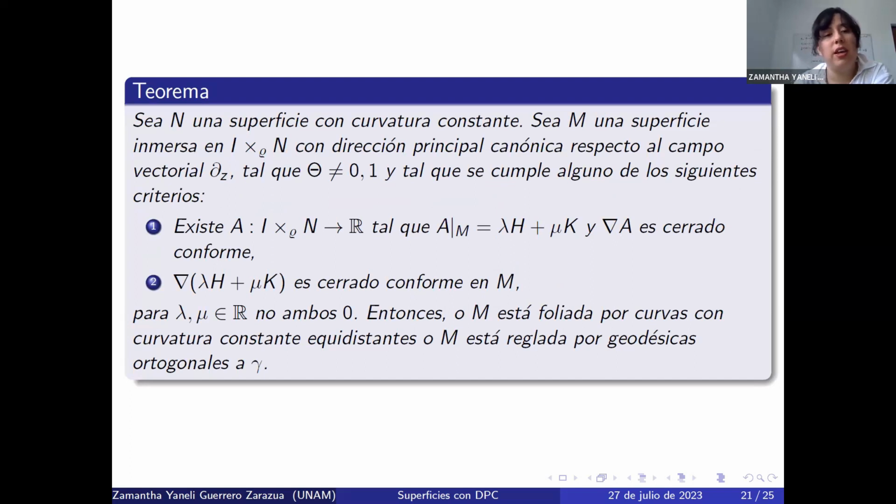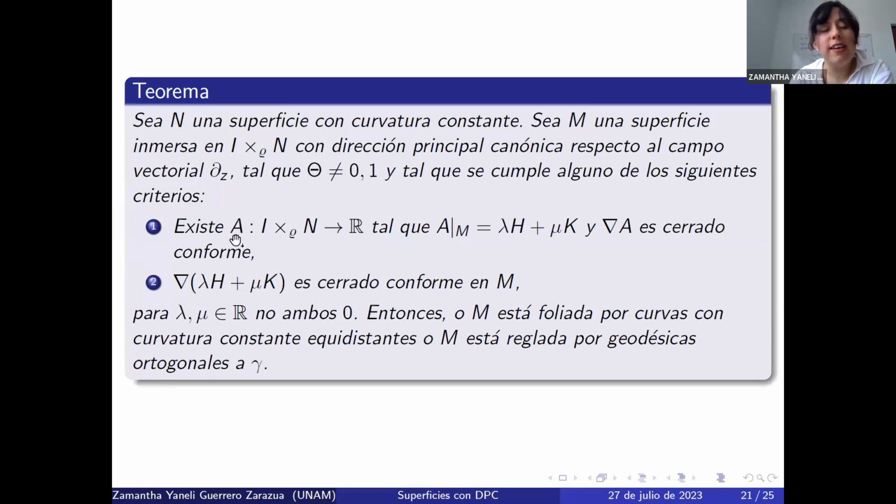Finally, if we take this other property, we're going to assume that either of these two conditions occur.